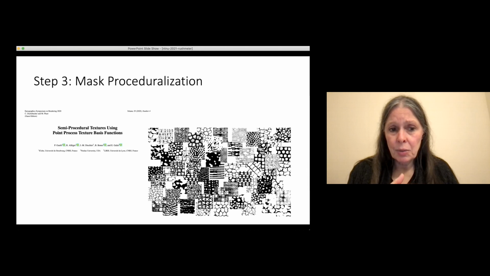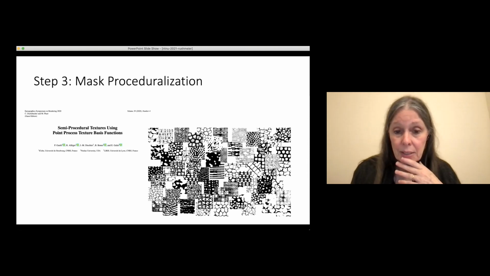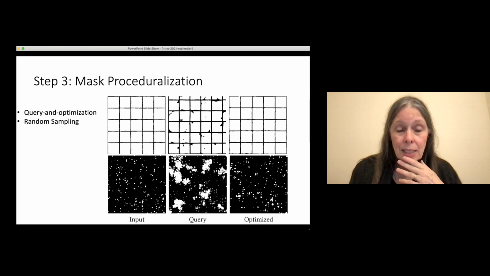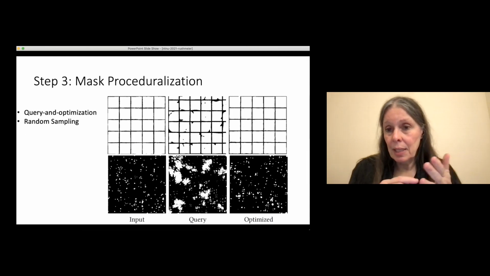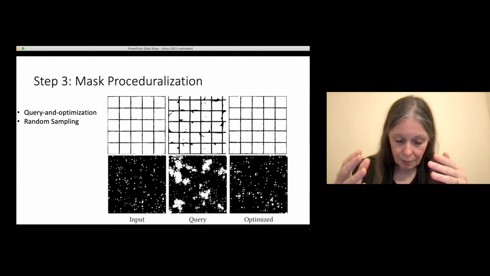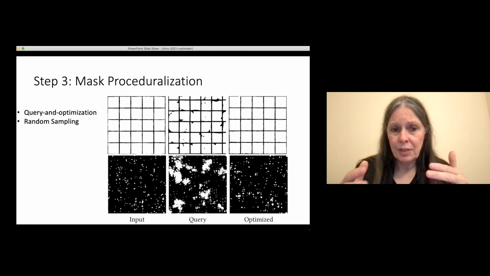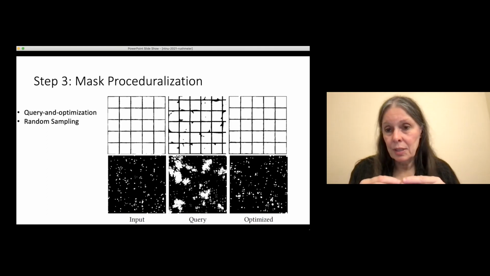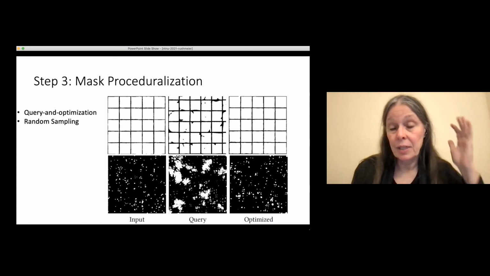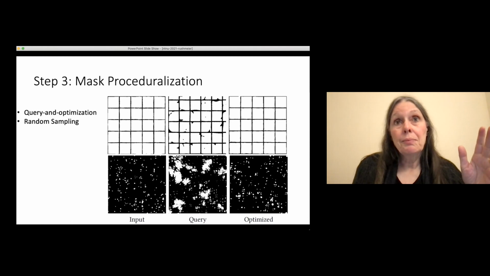So what we want to use is these functions in order to characterize our mask, to split it hierarchically into pairs of materials. And to do that, basically, their point process functions are sampled into this huge set of possible variations their functions can produce.